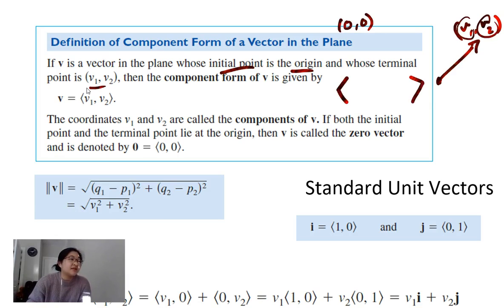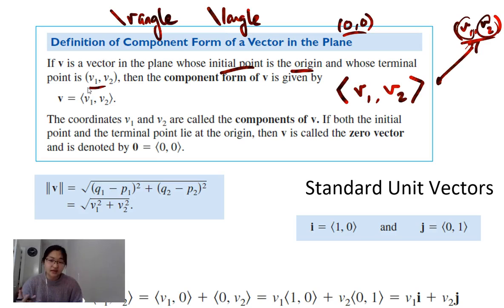I think in LaTeX it's \langle and \rangle, but don't quote me on that. But maybe it'll work in Kami, not sure. You're going from (0, 0) to wherever you're going. That's what's in here as your coordinates. That's the component form of your vector v.